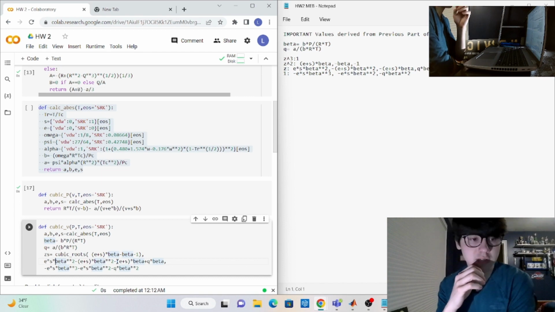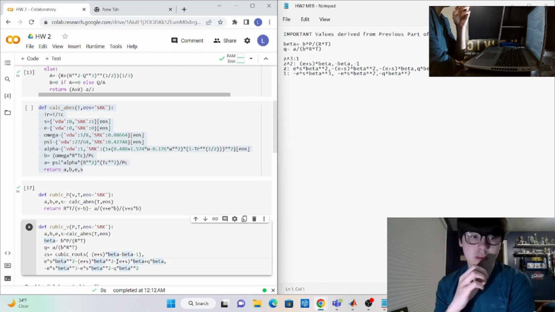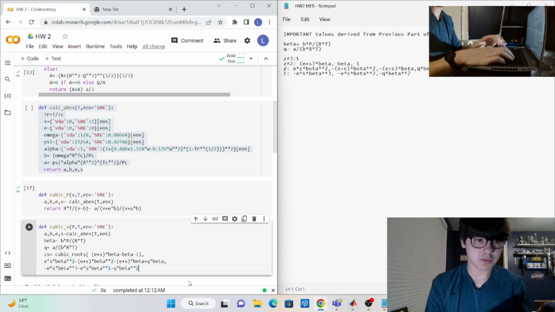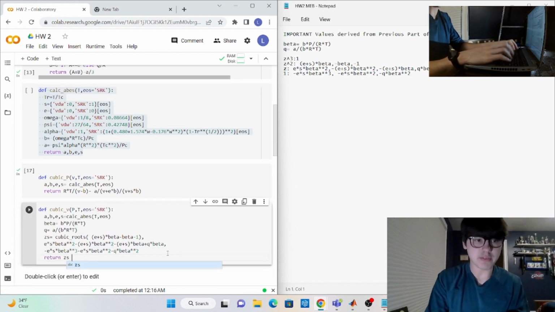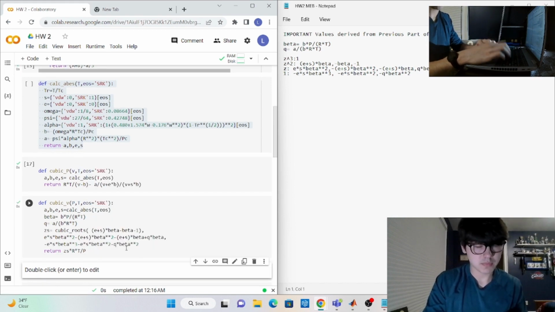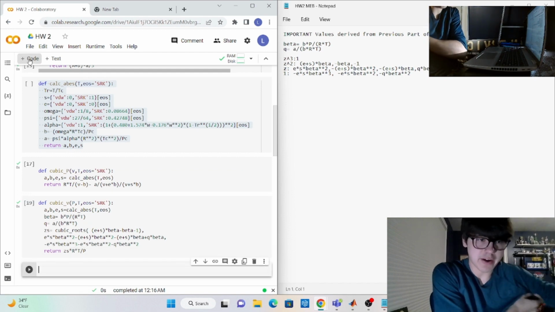Minus E times S times beta cubed minus E times S beta, yeah. Okay, it looks right. And we want it to return the values of Z times R times T divided by P, and that will give us the different volumes there.